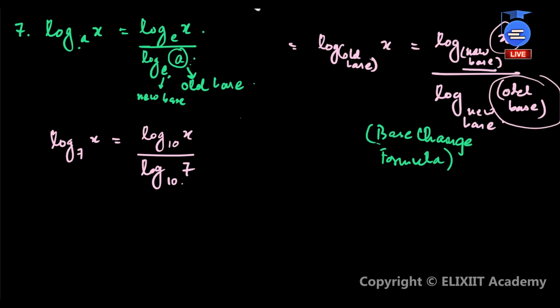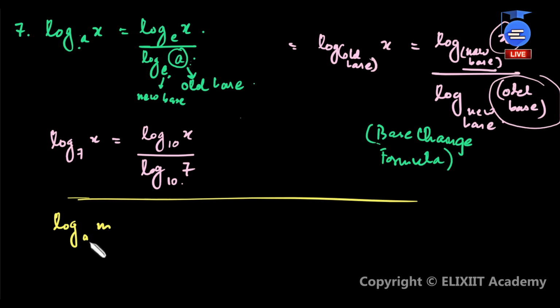If you don't understand this, you can write the same property in this format. Suppose you have log m base a. This is log m base b divided by log a base b. What is b? b stands for the new base.